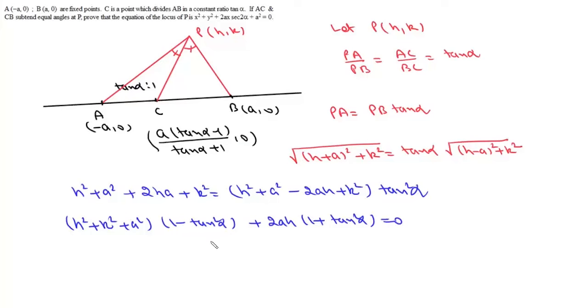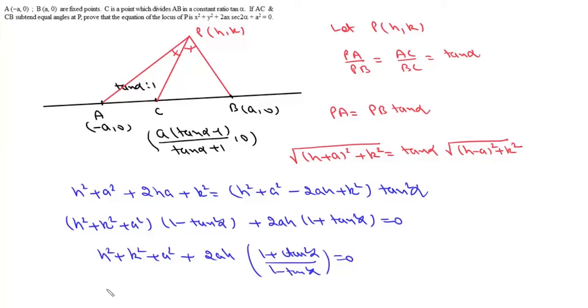Now we'll divide everything by (1 minus tan square alpha). So we can write this as h square plus k square plus a square plus 2ah (1 plus tan square alpha) upon (1 minus tan square alpha), and it will be equal to 0. Now (1 minus tan square theta) upon (1 plus tan square theta) is cos 2 theta. So this expression is secant 2 theta, which in this case is secant 2 alpha.